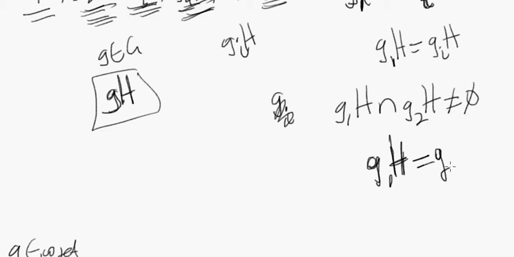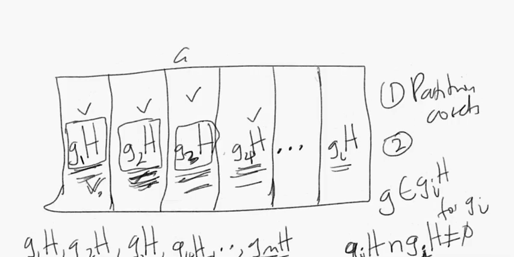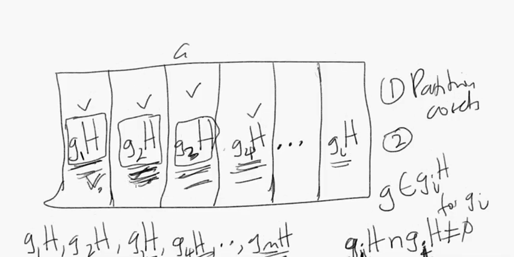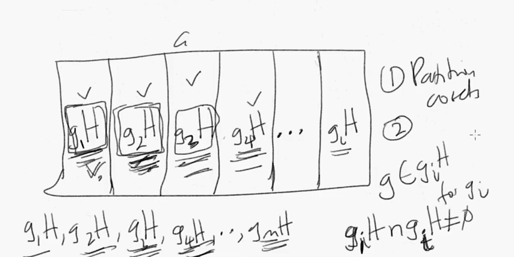But if g1H equals g2H, we would have never included g2H, because everything that is equal to g1H we just discard, we only keep g1H. So g2H was chosen specifically to have nothing in common with g1H, etc. So we see that the three conditions are indeed satisfied. Every element of the group is in some partition, and each of the partitions is a coset.